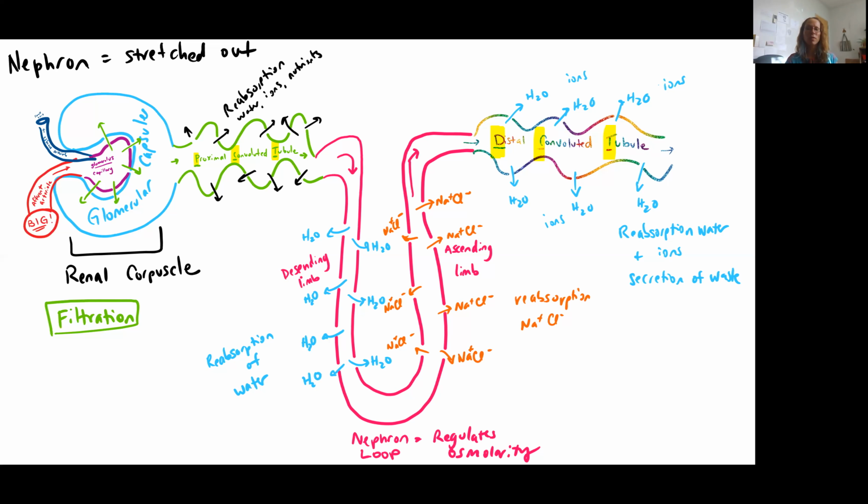So we can abbreviate distal convoluted tubule DCT, and we can abbreviate the proximal convoluted tubule as the PCT. Going back to the DCT, from this we're going to see fluid moving into what's called the collecting duct, and it's at this point that we're going to call it urine. You will still see occasionally some reabsorption of water happening here.